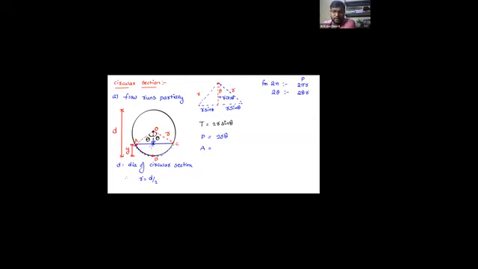In order to find out this flow area, as this is a sector, we take the area of sector OABC. But I want this flow area, right? So minus the area of triangle OAC.